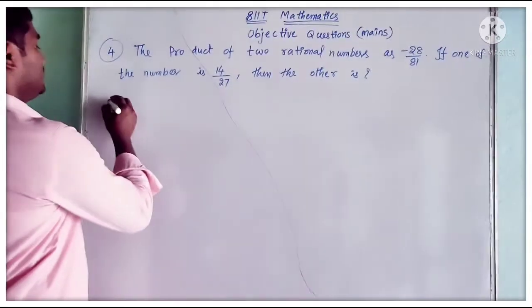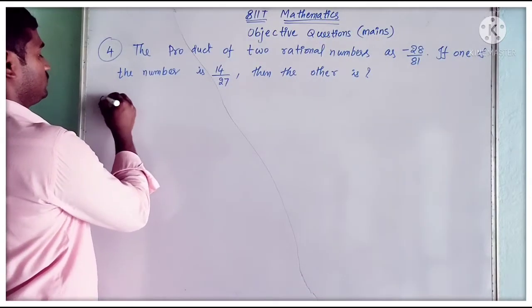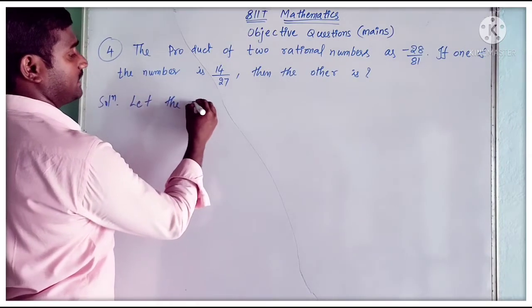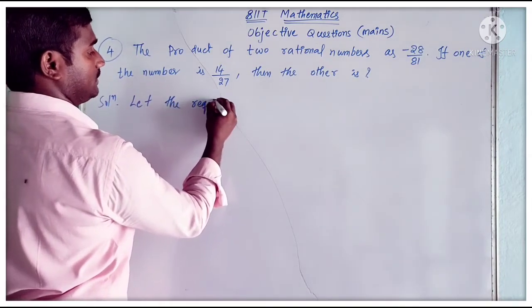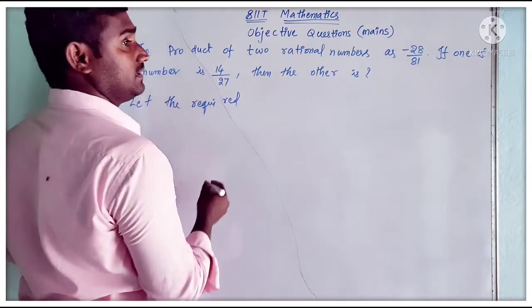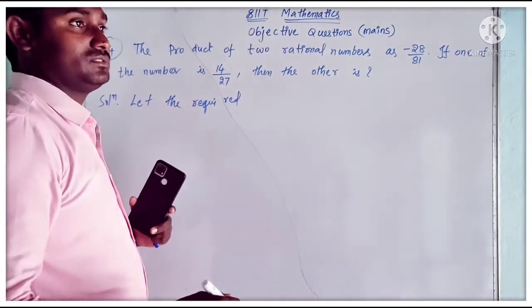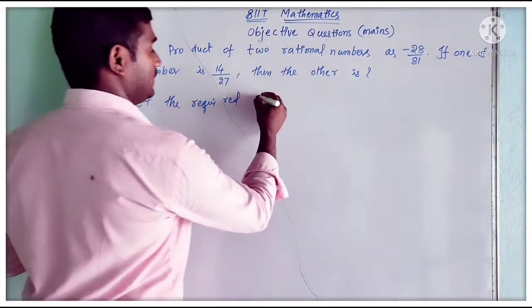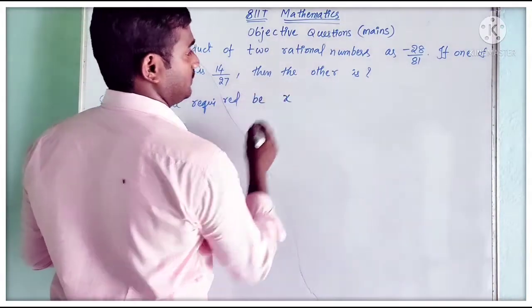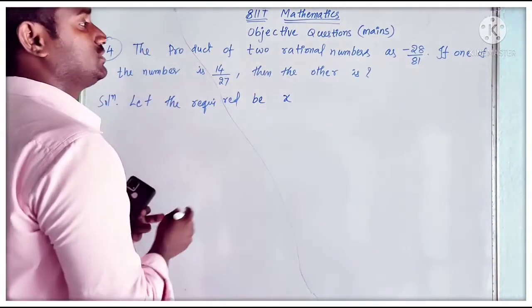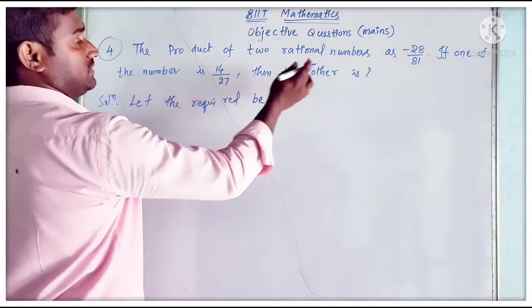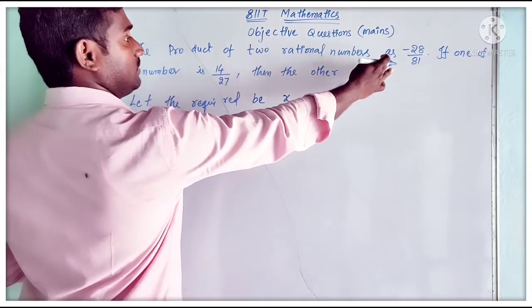Let the required rational number be x. We need to assume. The product of the two numbers: one of the numbers is given, 14 by 27, and the product is also given.